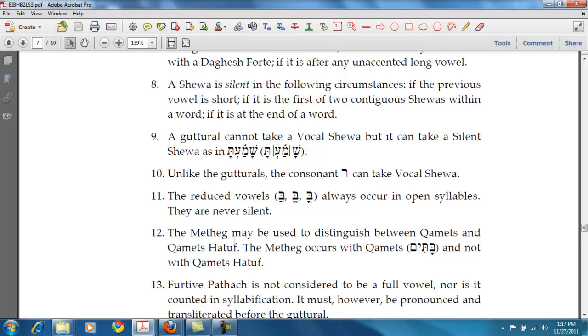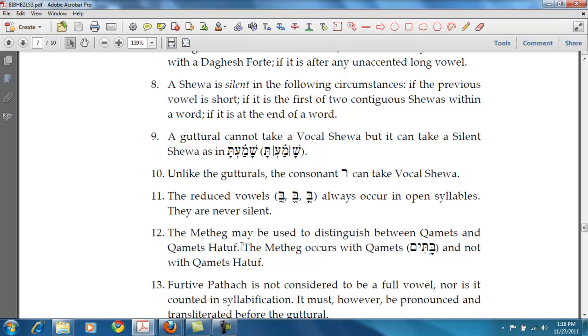Now the propretonic means basically that it's going at the end, the furthest away from the accented syllable. The metheg may be used to distinguish between qamets and qamets hatuf. Remember, metheg means bridle in Hebrew. It bridles in and tells you what letter this is.